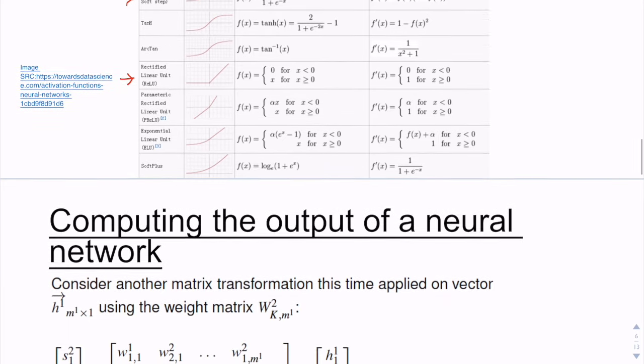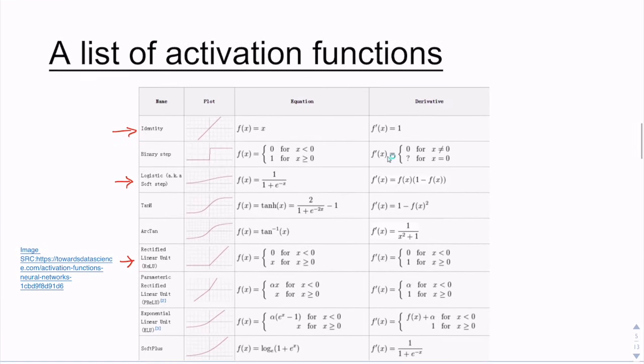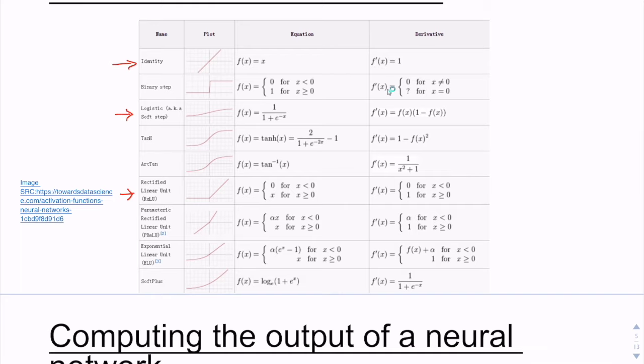Now we can do this process for multiple steps. After this, again, we can have another matrix multiplication. We can apply another activation function. We can do this process multiple times, depending on the number of hidden layers we have. If we have 10 hidden layers, we need to apply this process 10 times. Also note that the number of hidden units in each hidden layer might be different.